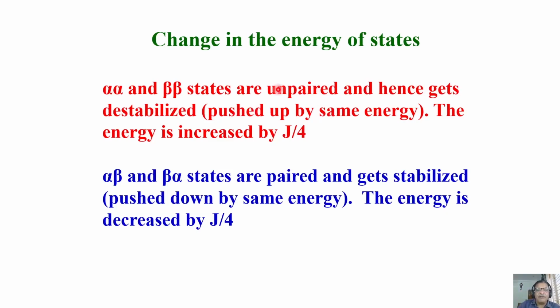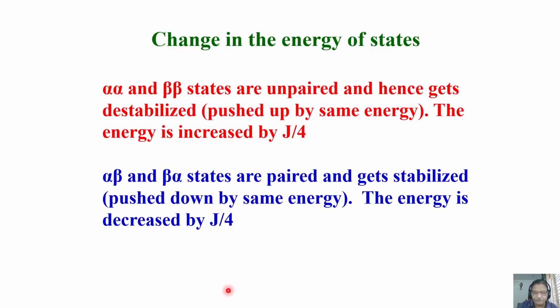So alpha alpha and beta beta go up, increasing the energy by J by 4. Alpha beta and beta alpha states, because they are paired, get stabilized, and decrease in energy by J by 4. But the quantum of change of energy, pushing up or pushing down, is the same. In both cases, J by 4. One case pushes up, the other case pushes down.